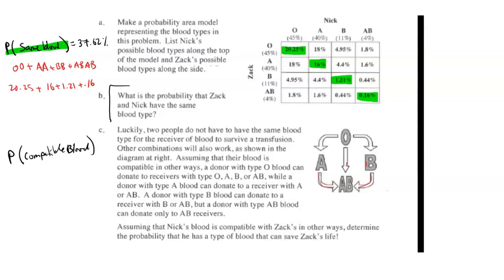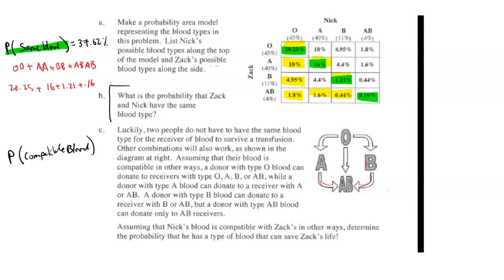This time, what I'm looking at are these boxes. OO is still compatible, but O can give to A, so I want to look at that box. O can give to B, and O can give to AB. Now, A cannot give to O. A can only give to itself and to AB. B can only give to itself and to AB.